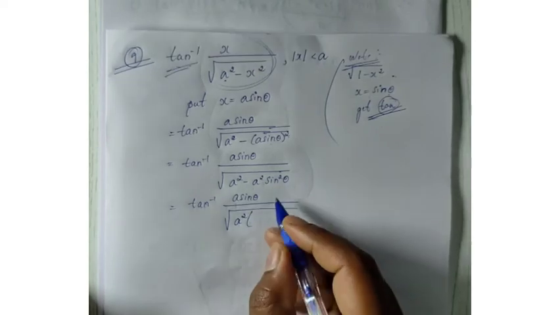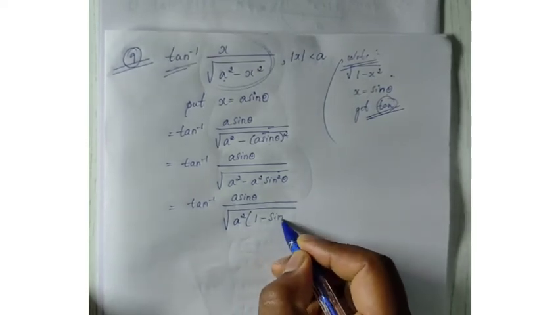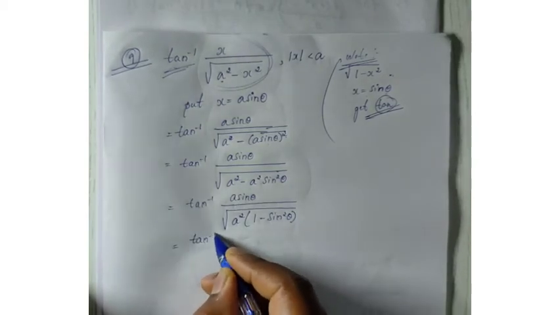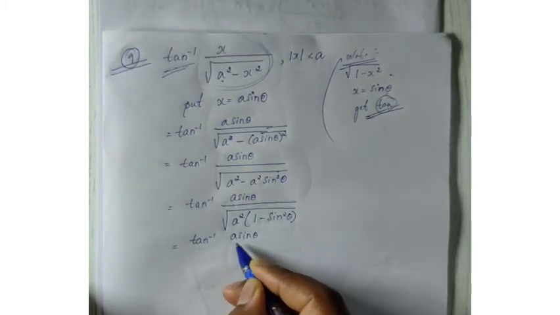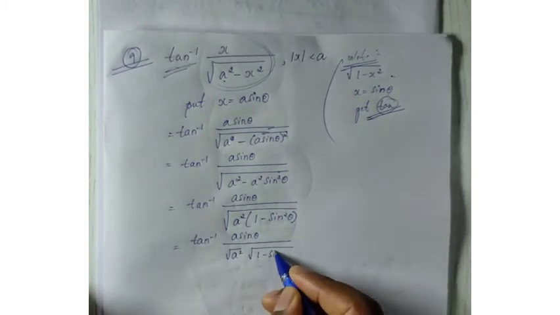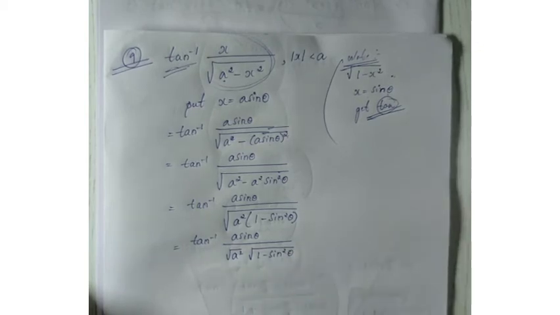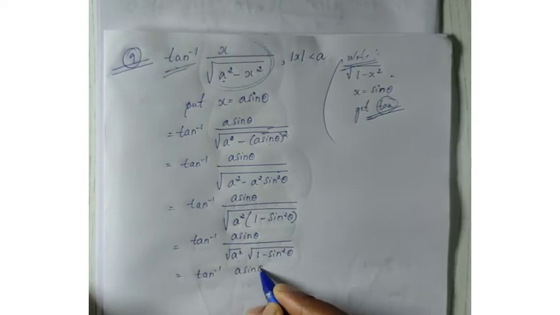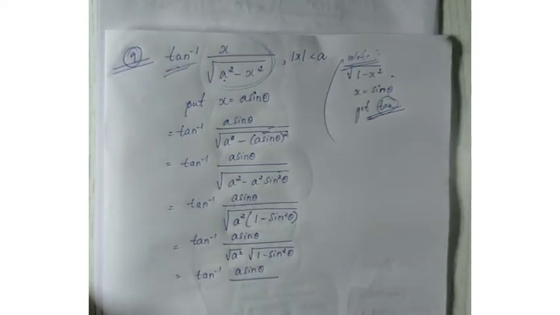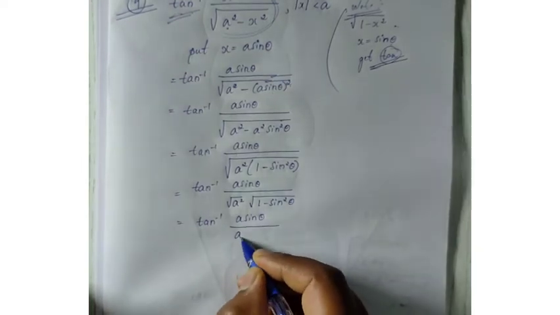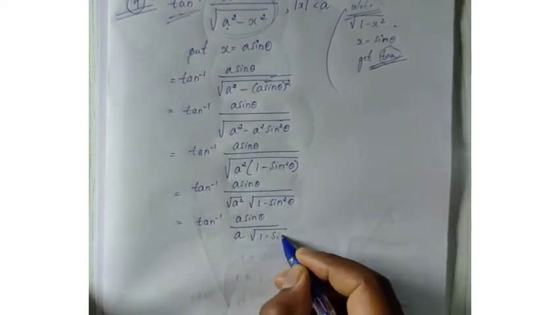That is a square, remaining is 1 minus sine square theta. So this will be tan inverse of a sine theta divided by root a square into root 1 minus sine square theta. The square root cancels the square, therefore this will be a root 1 minus sine square theta.